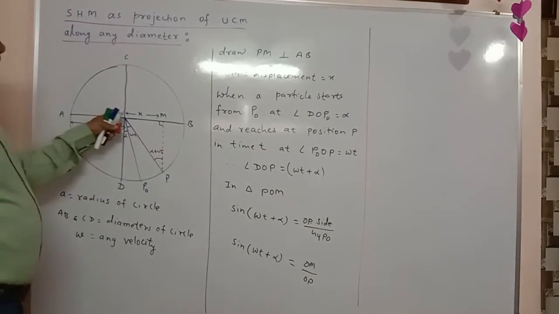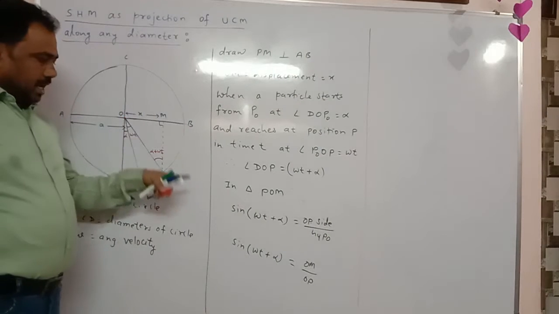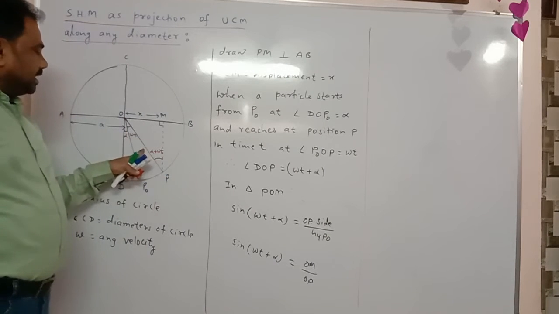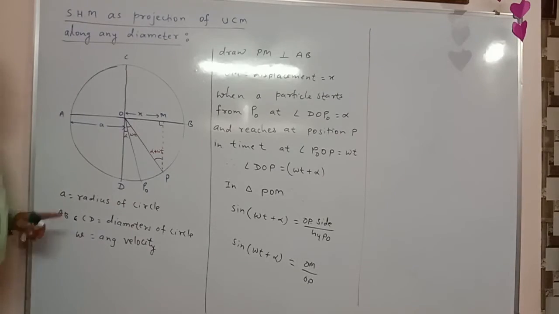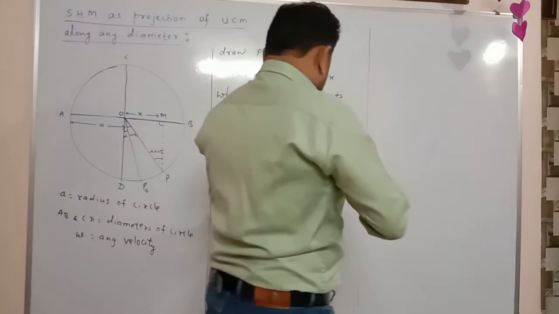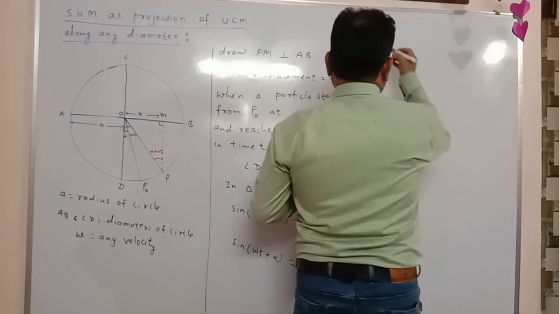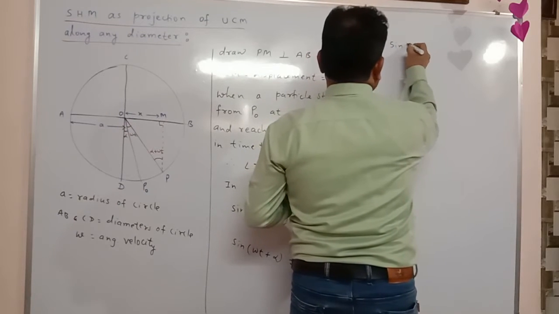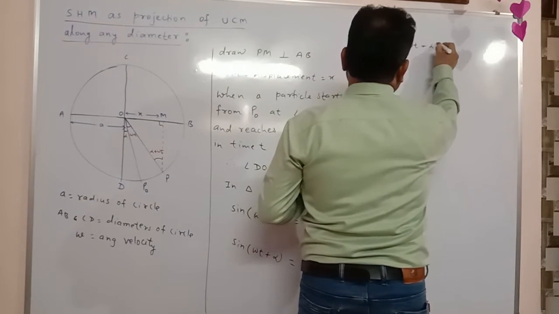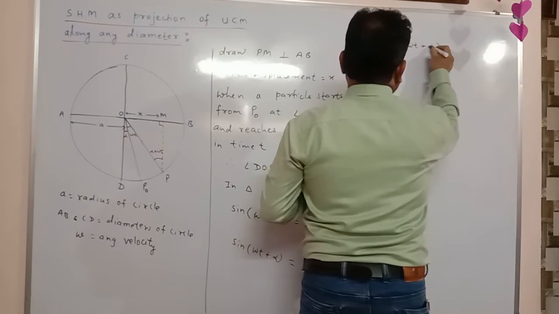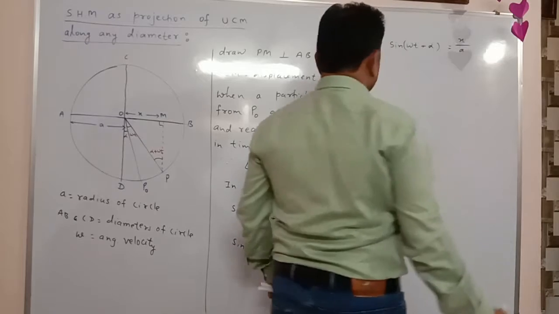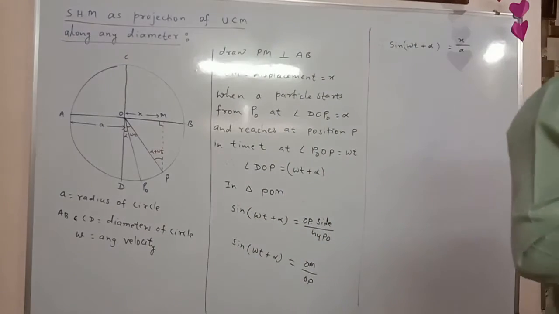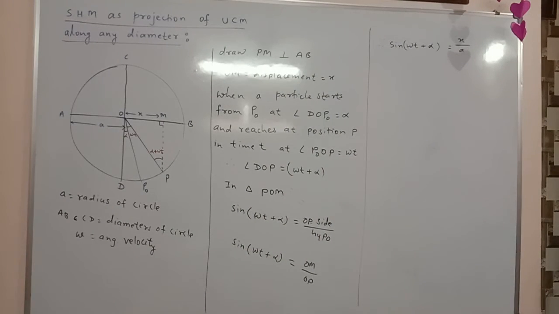OM is x, and OP is the radius, represented by small a. Therefore sine of omega t plus alpha is equal to x upon a, where a stands for the radius of the circle.